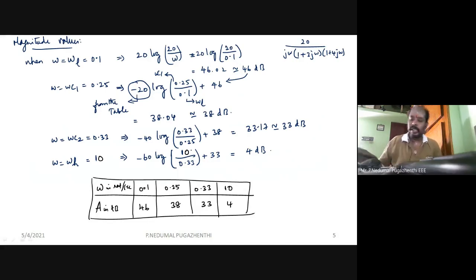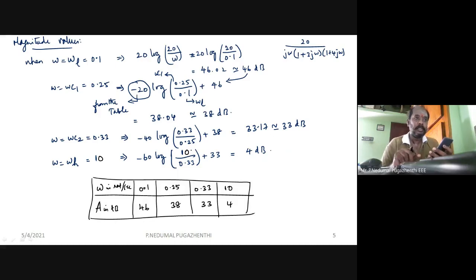So if I get 10, what is the change in the value? 10 divided by 0.33, log, into minus 60 plus 33.